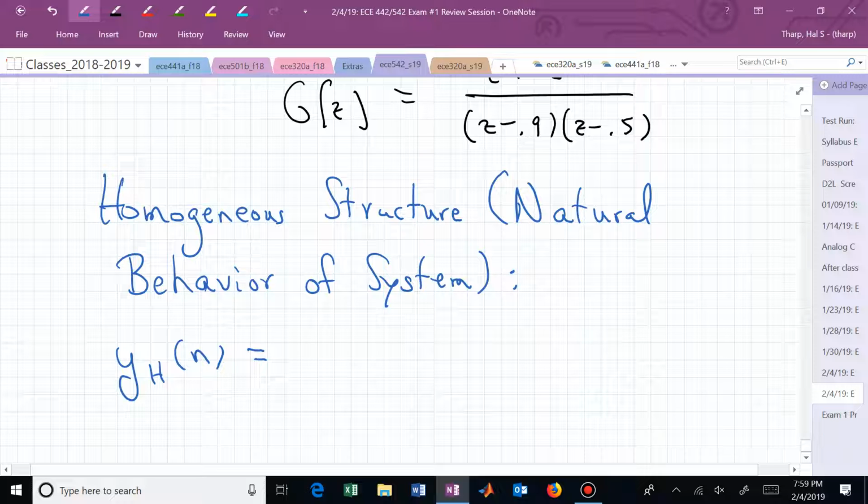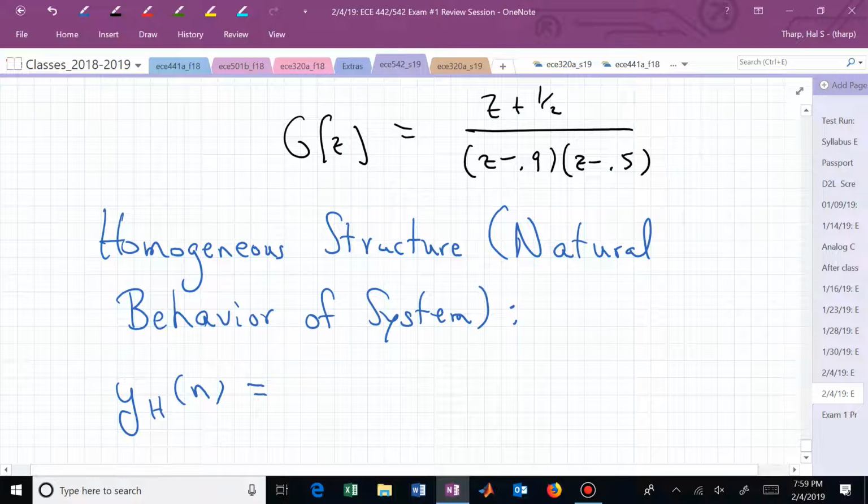And the structure, I'm not asking you to find the exact homogeneous solution, but what do you need to use to find the structure of your homogeneous solution? It's actually on the screen, isn't it? It's the 0.9 and the 0.5.